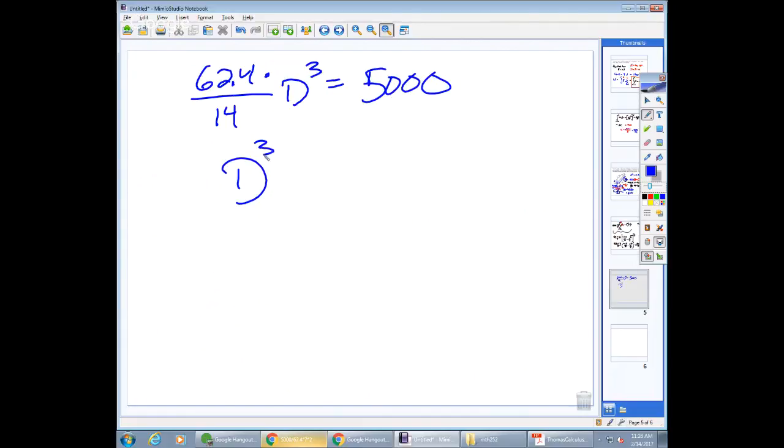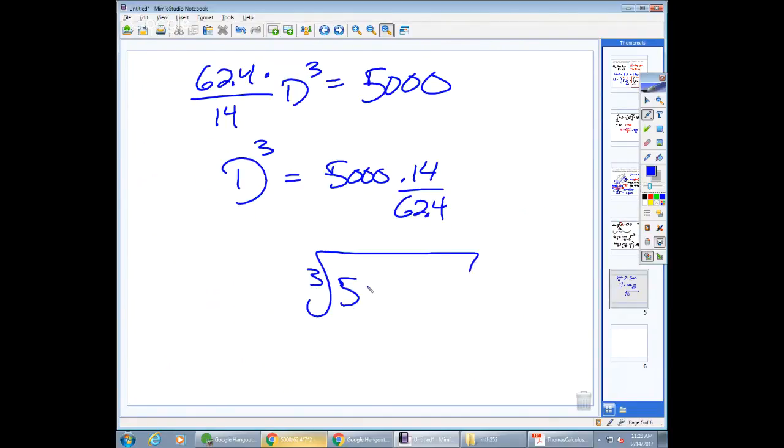So D cubed equals 5,000 times 14 over 62.4. And then we want the cubed root of that, or the power 1/3. And so I get it's about 10.4, and that would be feet.